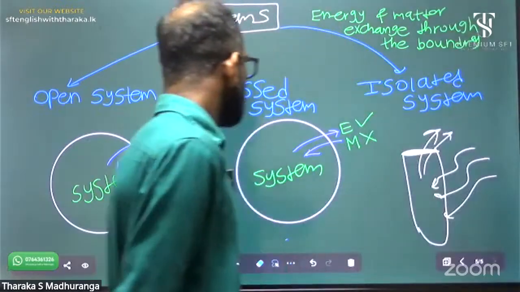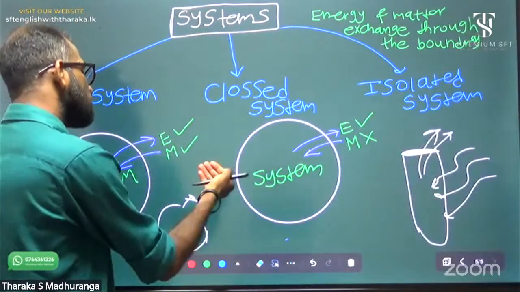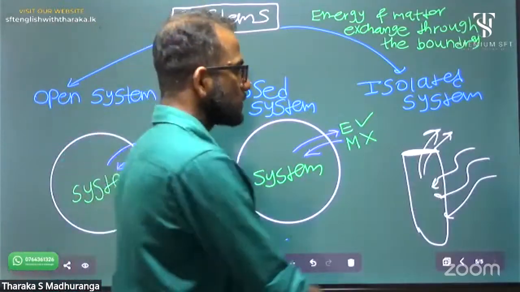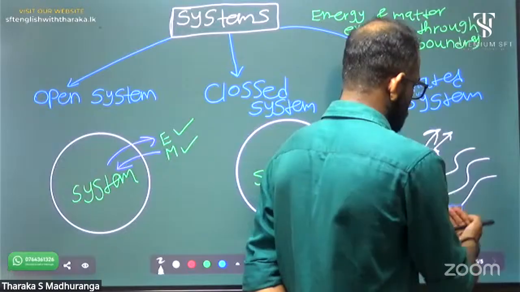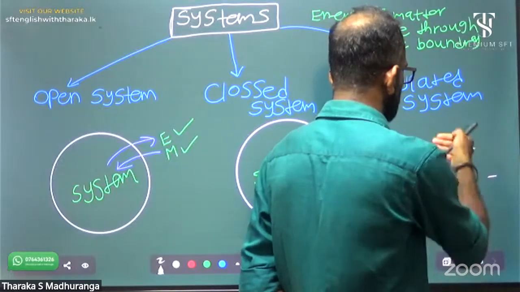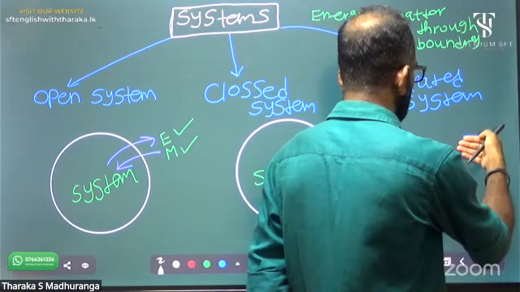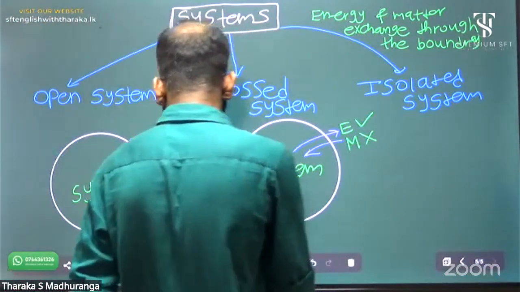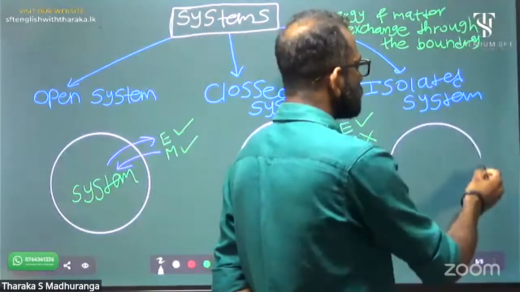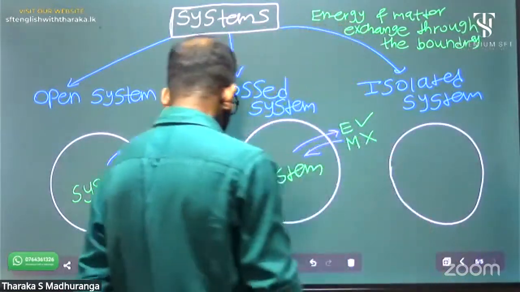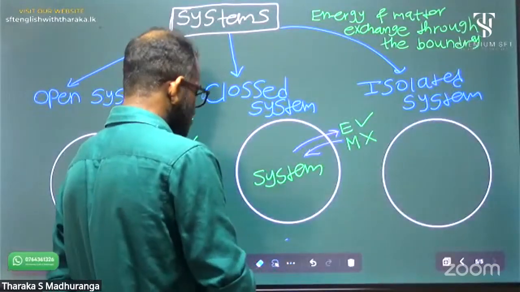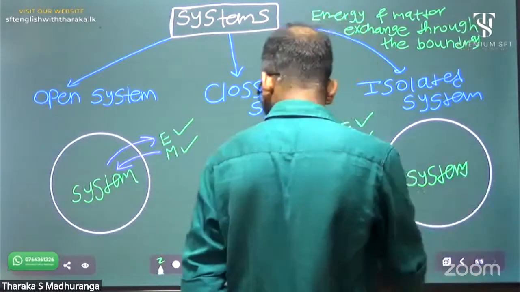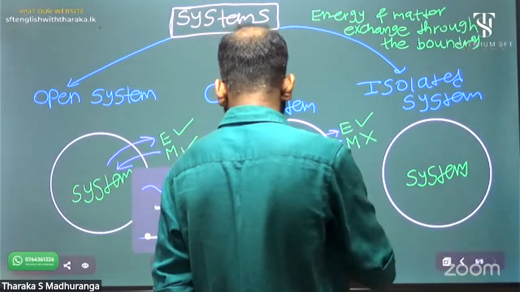Okay, now I think you can understand the meaning of isolated system. Then what's the meaning of isolated system? Can you imagine? Yeah, systems without exchanging anything. Isolated, separated one. An isolated system means there is a system that is not exchanging energy or matter, anything.